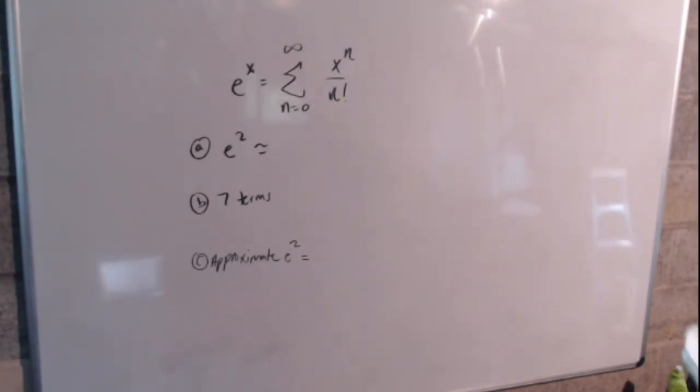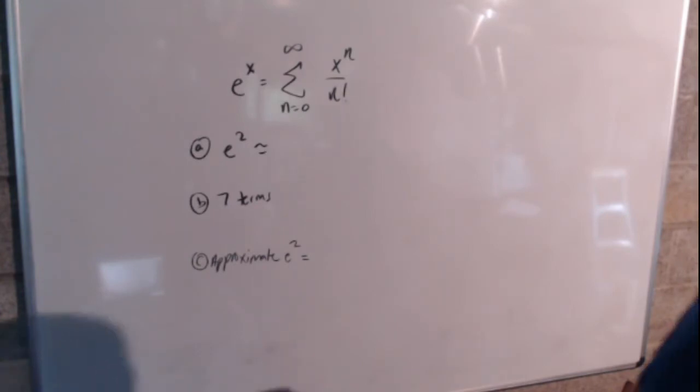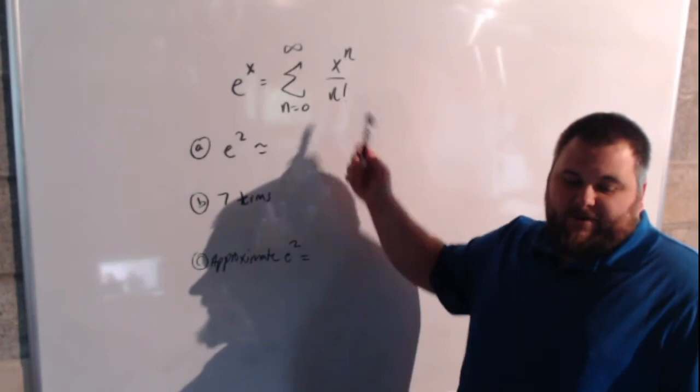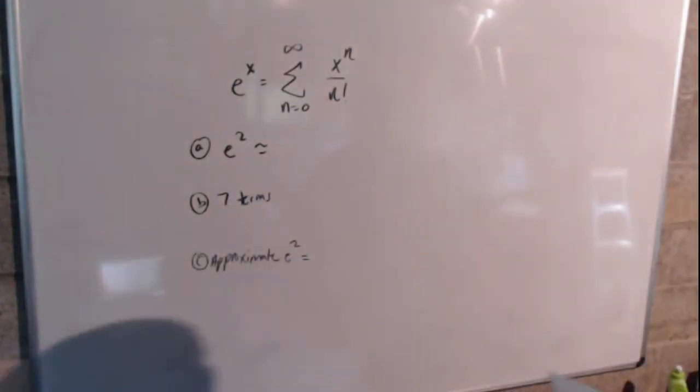So a power series representation for e to the x is this summation: x to the n over n factorial. So the problem here says, can you please tell us what e squared is?